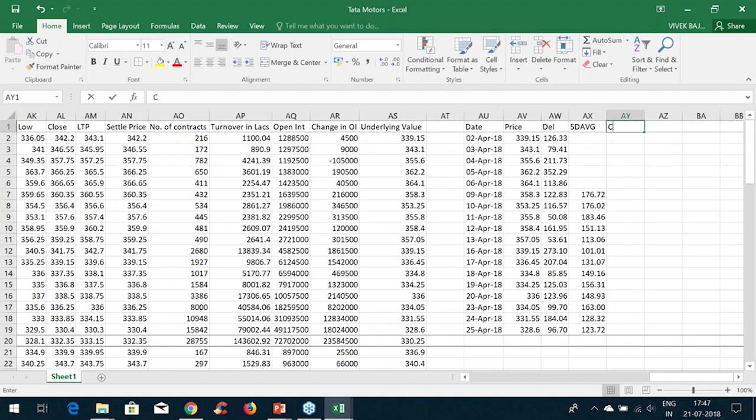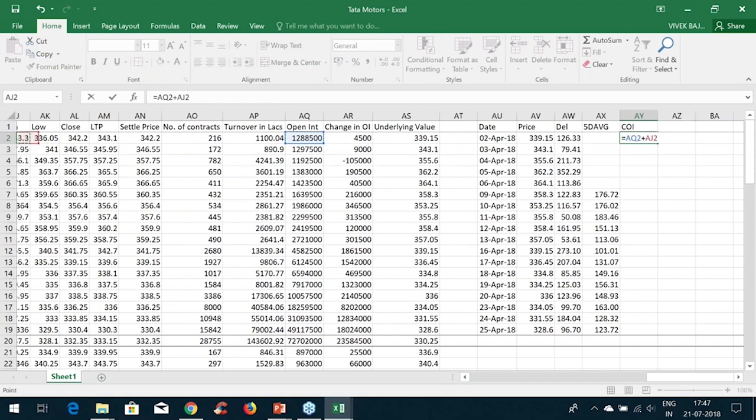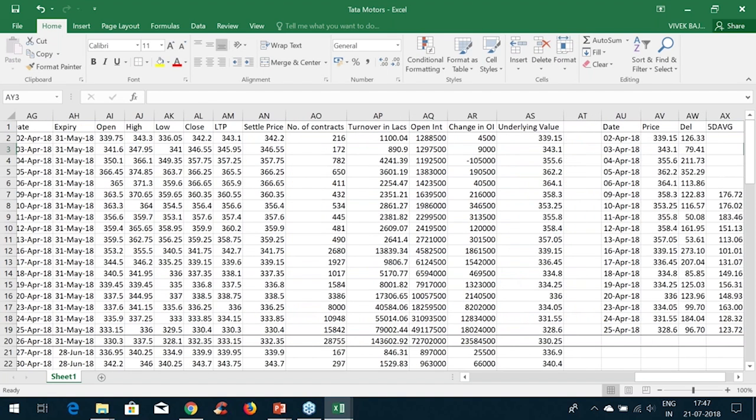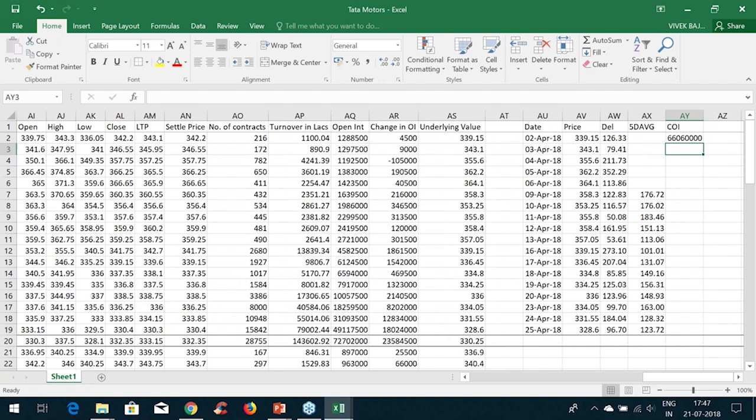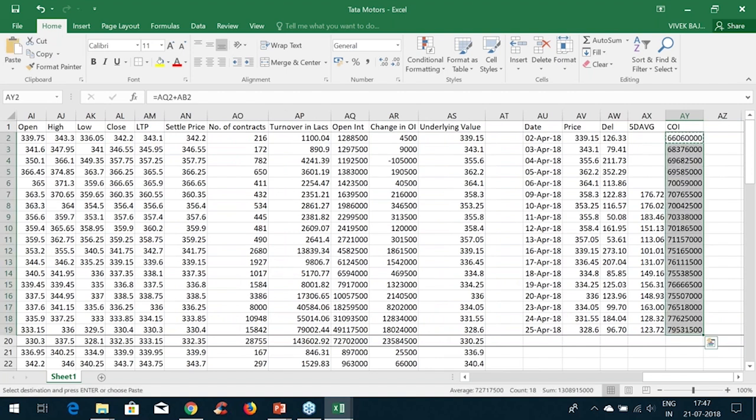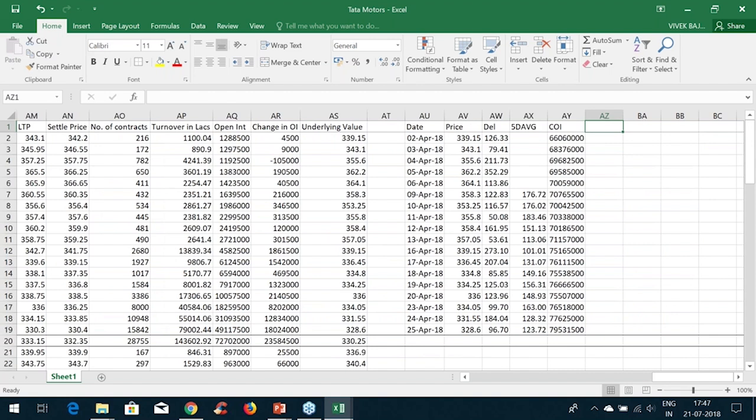Remember what I told you? We have to see the cumulative open interest. So cumulative open interest is open interest of next month plus the open interest of the current month. So this is the cumulative open interest of the stock Tata Motors. So let me copy this cumulative open interest, and I want to see the change in open interest.